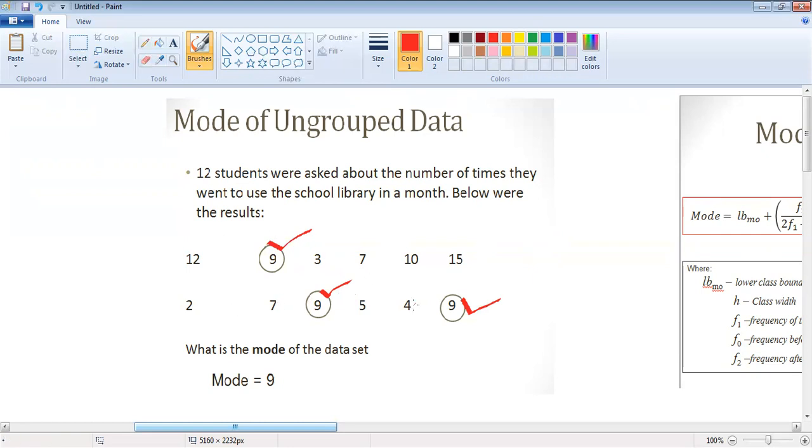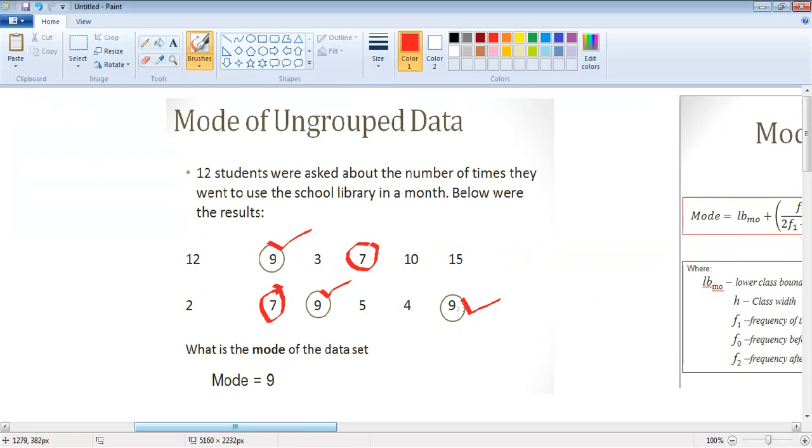Other than that we have 7, but this is only twice. I think there's no other number in this data that repeats more than 9. So 9 is the mode since it has the highest frequency.